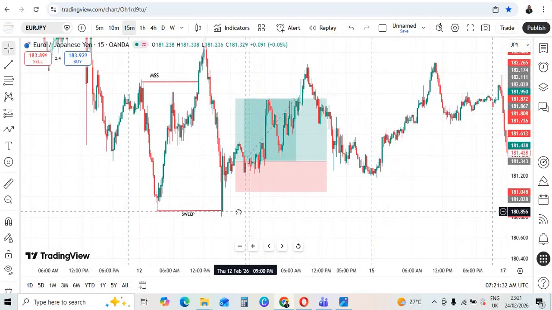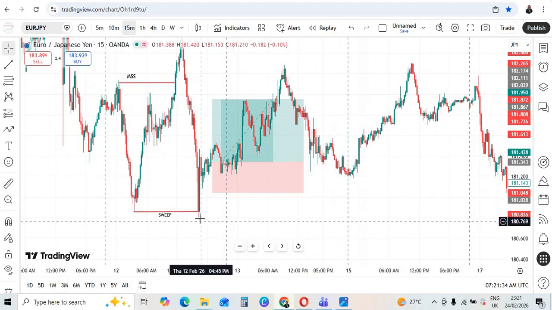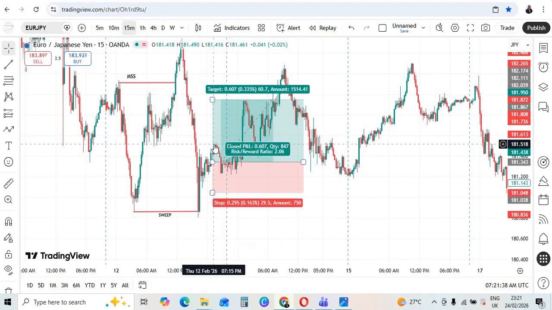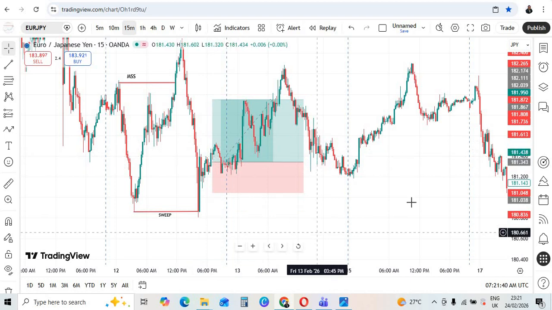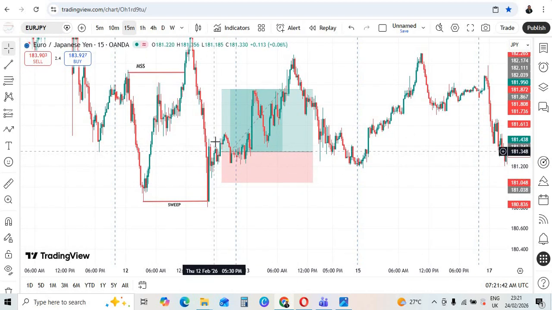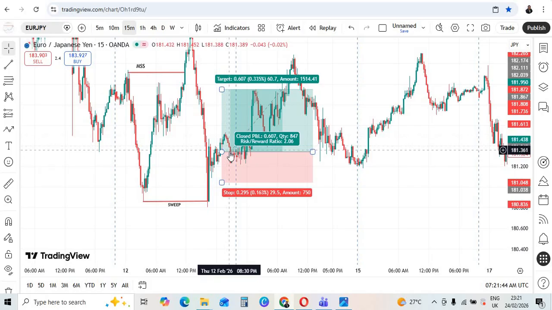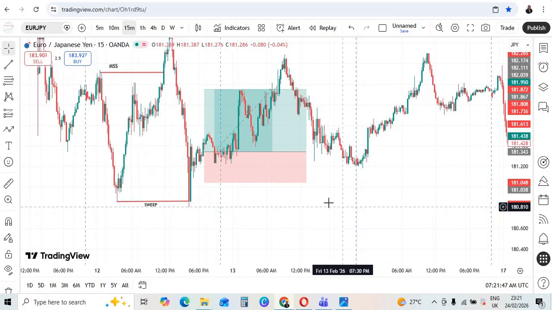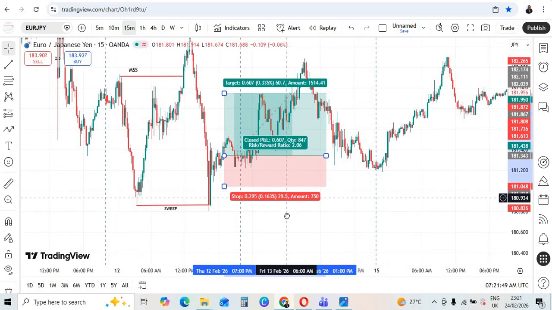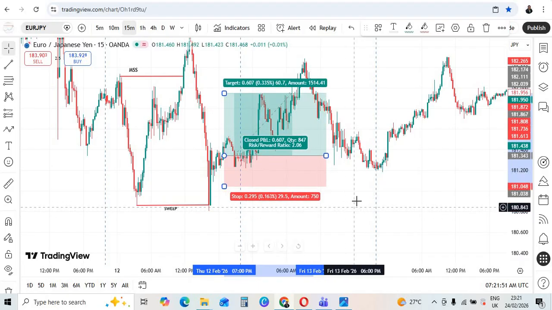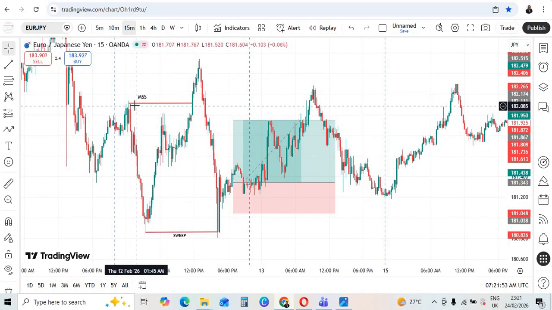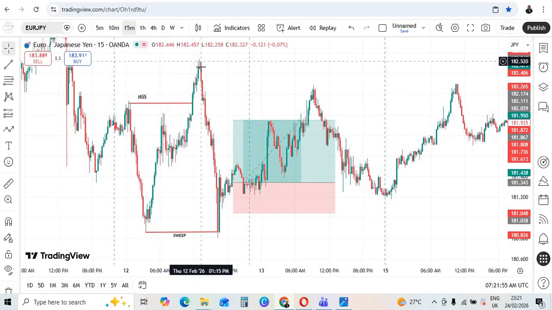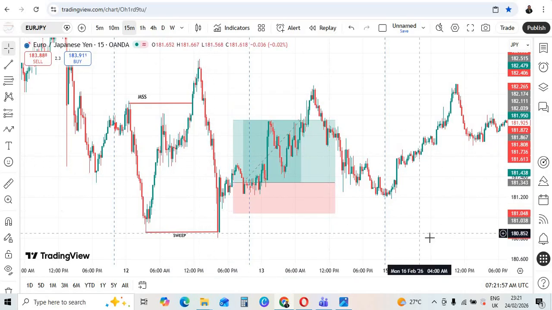Then after the sweep, we had price give us this impulse correction. So price gave us this impulse, then it's coming back. So what I did was that after I saw a break of this high, I knew that okay, price wants to start going up.